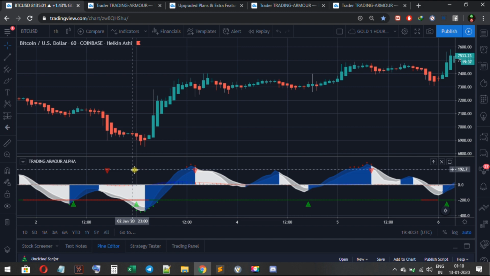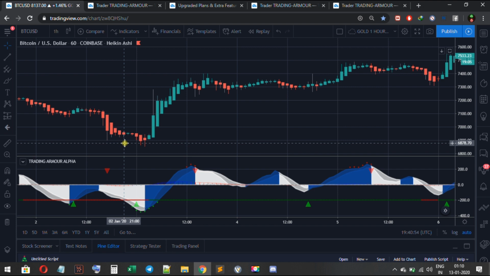And one last thing with this indicator, there are green dots. These green dots show oversold, and these red dots on the top show the overbought level. Whenever you see this red line and we are going down with the sell signals, and sometimes when the market is oversold, it means sellers are exhausted.